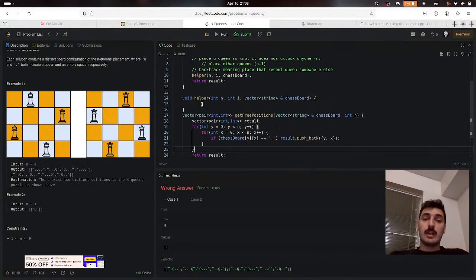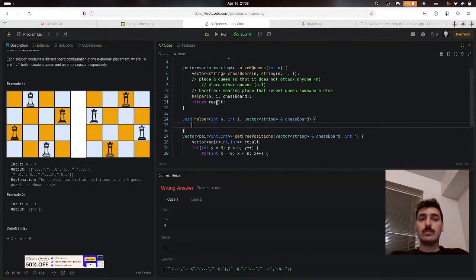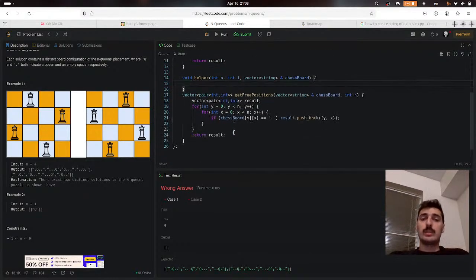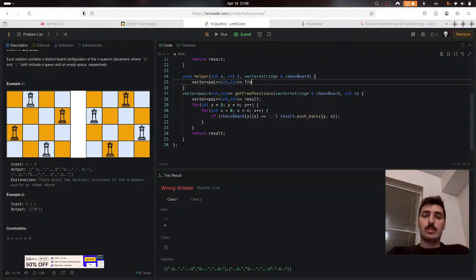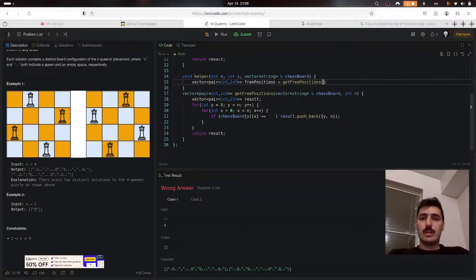Alright, just a helper function. What is the helper function going to do? It is going to take the chessboard and n.